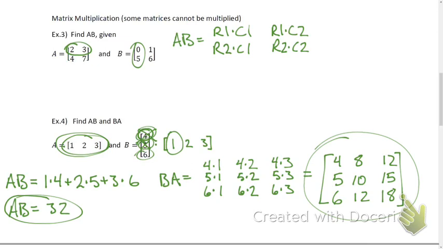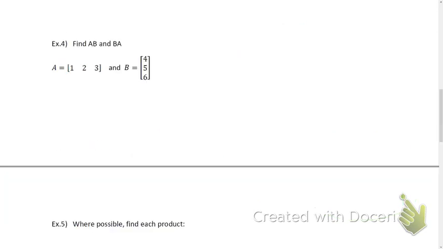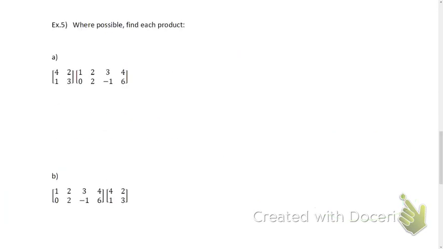All right, on to the back. It's pretty quick. We're almost done. For number 5, there's one of these that we can't work. It's mathematically impossible. So you got to ask yourself, where do the rows and columns line up?